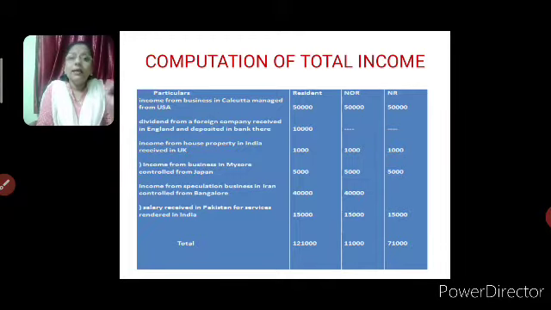Here the dividend from a foreign company is received in England, that is, received outside, and deposited in a bank there, it is deposited there only. That is why it is liable to tax for the resident only: 10,000 rupees. Second and third will be nil.